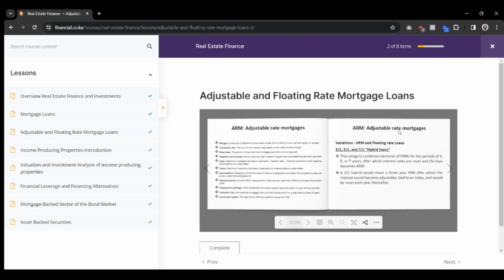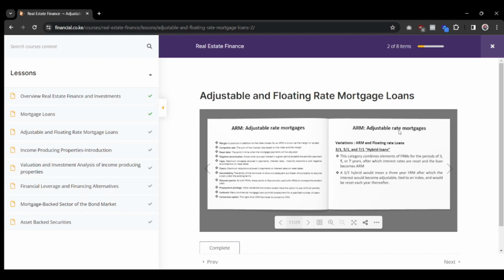These are maximum increases allowed in payments, interest rates, maturity extensions, and negative amortizations on reset dates. There are floors. Floors are maximum reductions allowed in payments or interest rates on reset dates.